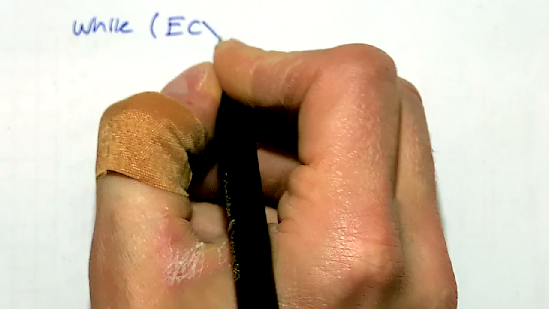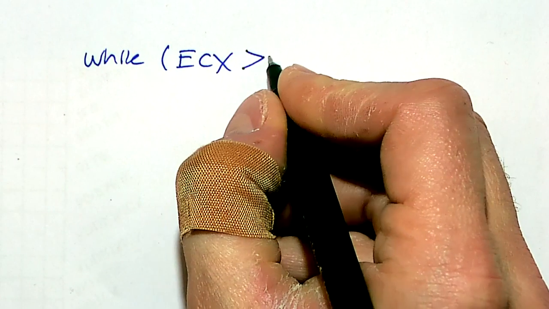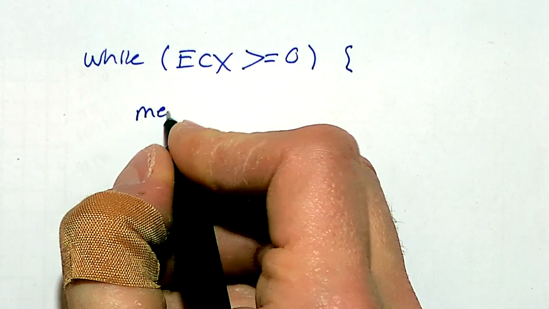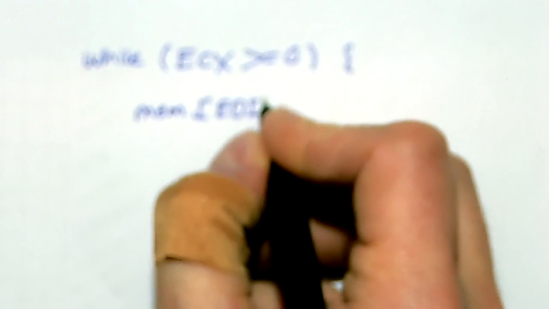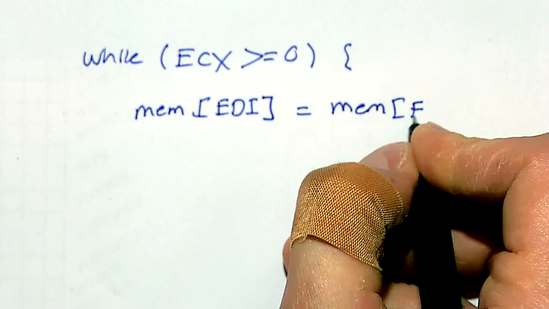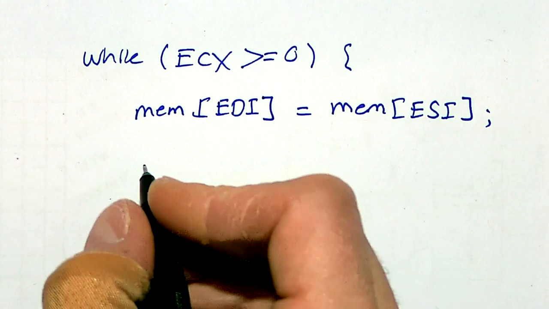Let's see if I can do this. So basically, you set a while: ECX greater than or equal to 0, memory EDI equals memory ESI. I guess I could have made it a single line, but that's okay.